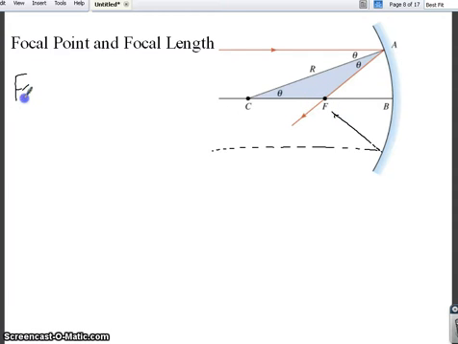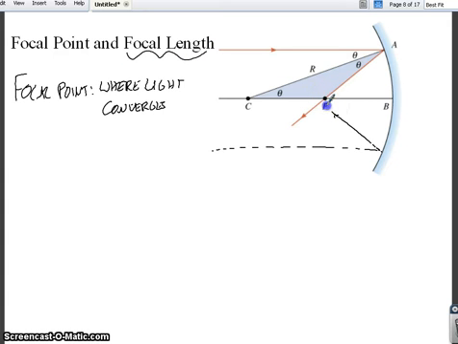So the focal point is the point where light converges. It's all going to come across this point right here. And the focal length is this length right here. The length from the focal point to the mirror, okay? The focal length is the length from the focal point to the mirror. So that is the focal point.